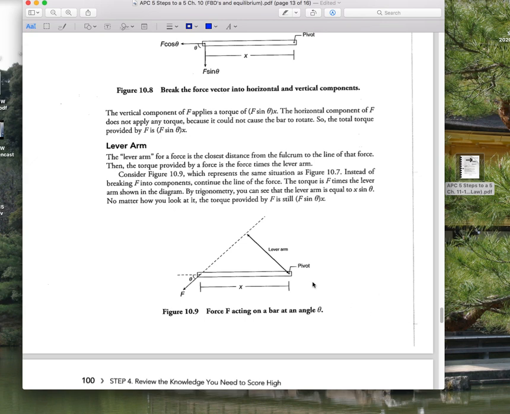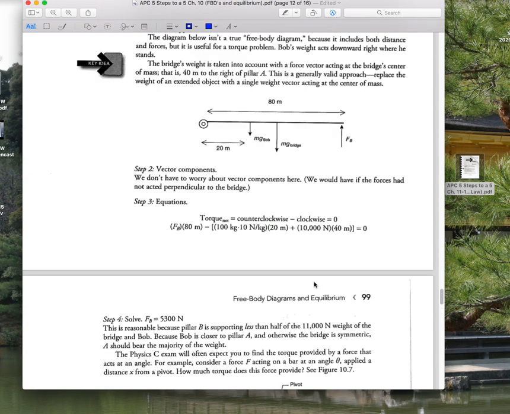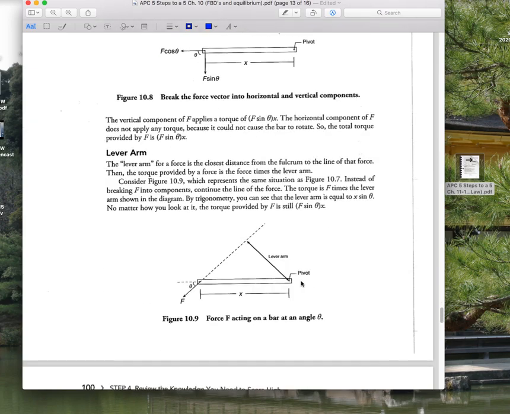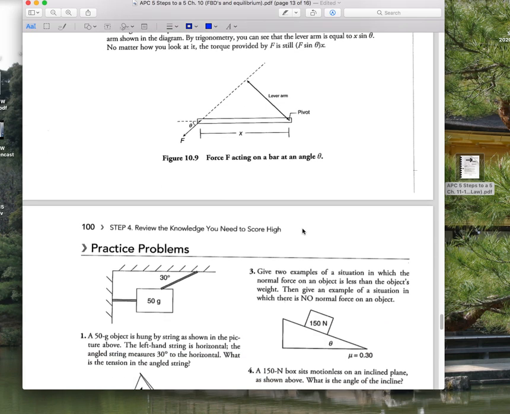So essentially, if we have something pulling up and inward, something like this, the vertical component of that force multiplied by this total distance would equal the torque. The lever arm kind of does it just a little bit differently. Like I said, I think it's harder to think about.